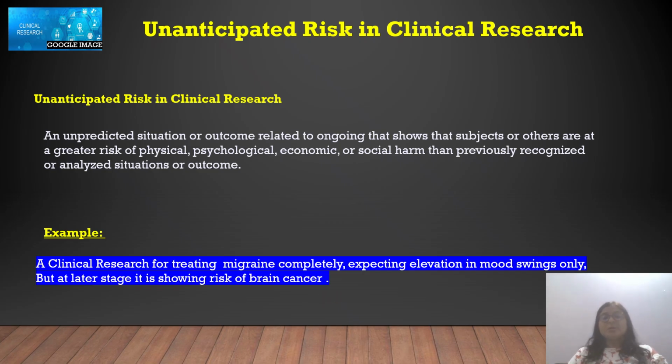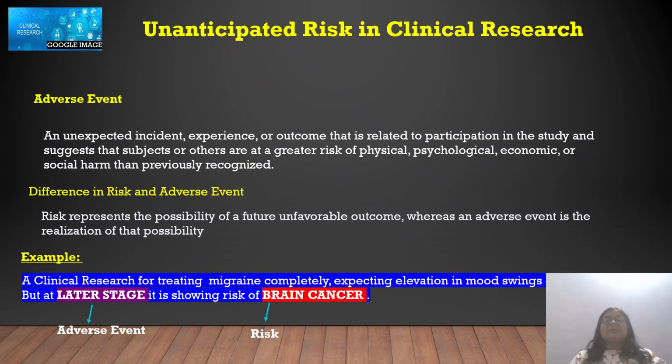Now what is the adverse event? As we are talking about the unanticipated risk, we will talk about the adverse event also. For the adverse event, just recall the first example, the person relaxing on the sea beach.